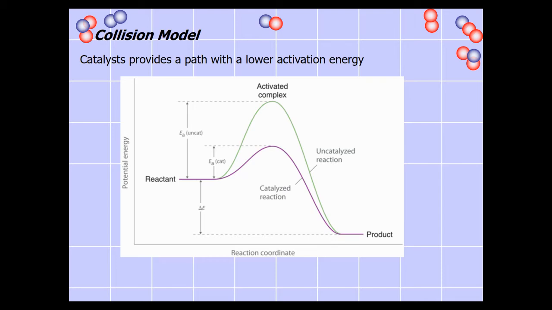You can see that with a catalyst, you're providing an energy pathway that has a lower activation energy. So again, the reason why catalysts are able to speed up a reaction is because they provide a path with a lower activation energy. So you're able to have more effective collisions because more of them are able to meet that minimum threshold energy.